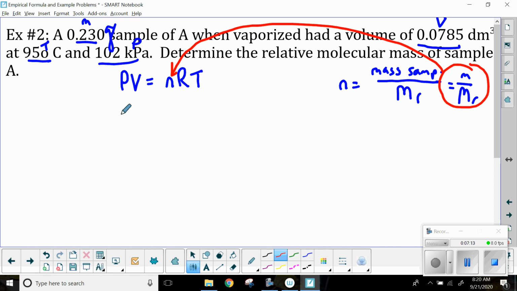So this will turn into PV equals little m RT all over capital Mr. I'm then going to multiply both sides by capital Mr, the molecular mass, which is what I'm trying to solve for. And then the last thing I'm going to do is divide both sides by PV.